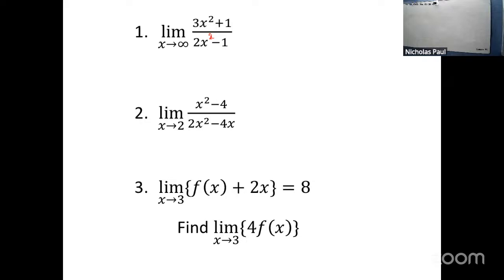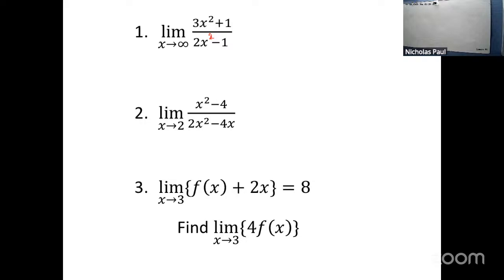For those who did number one, just squeeze in a little square above the x. Right, do over number one. Number one is 2x squared underneath.